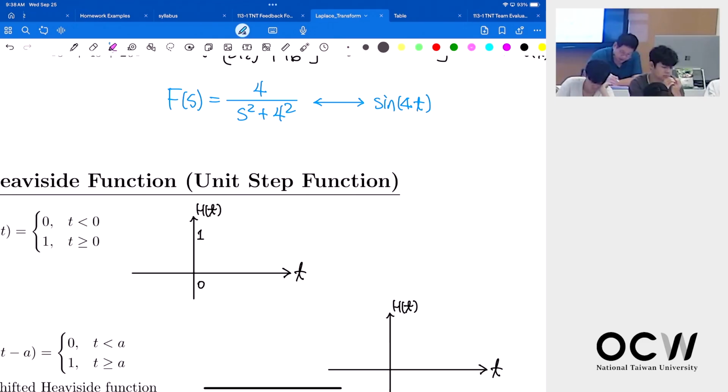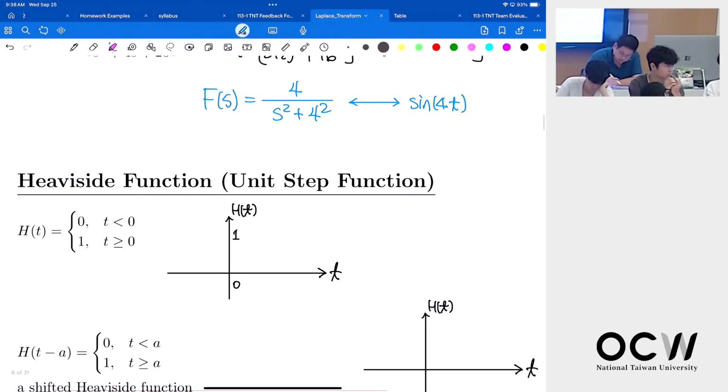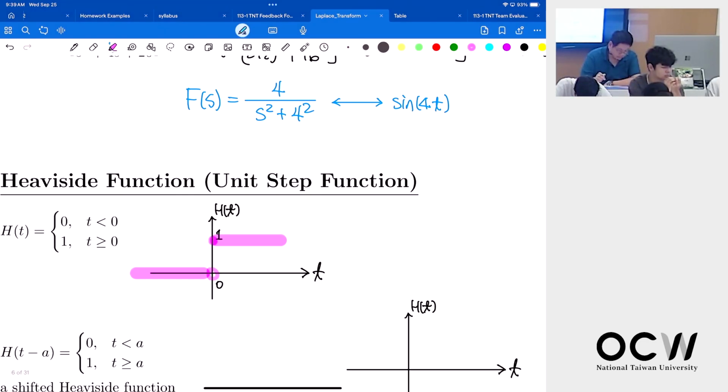So when t is less than 0, nothing. When t is greater than 0, it is 1.